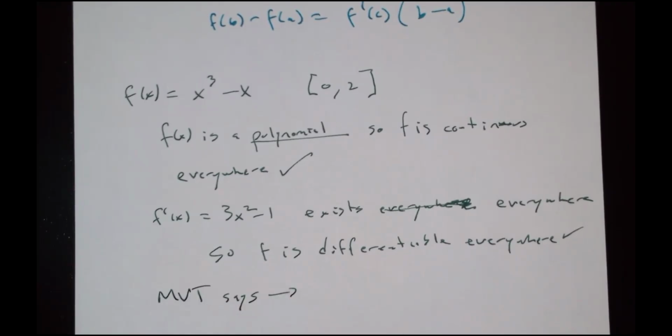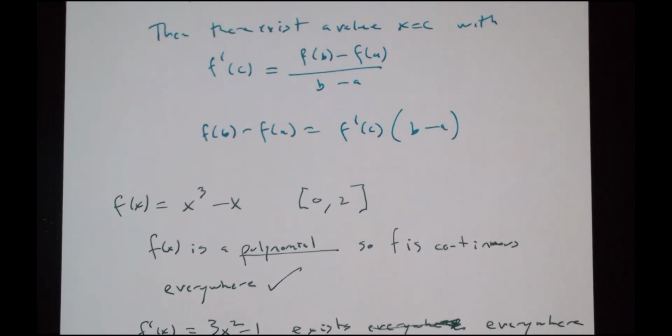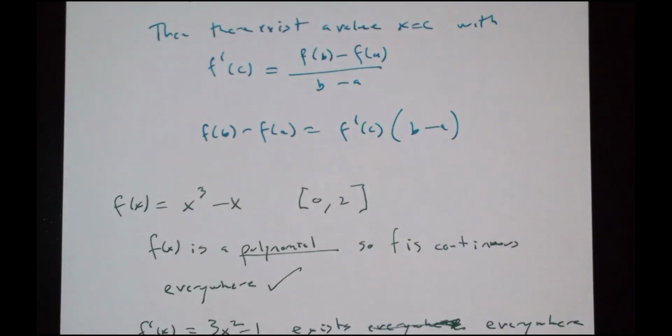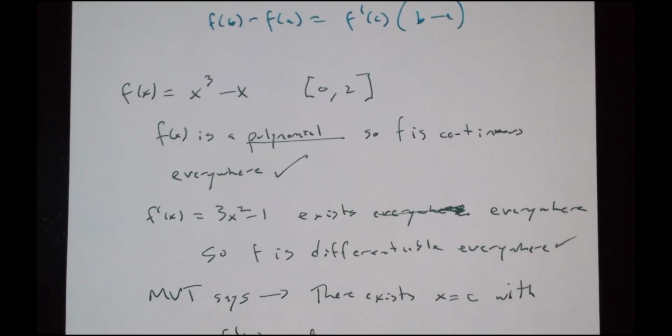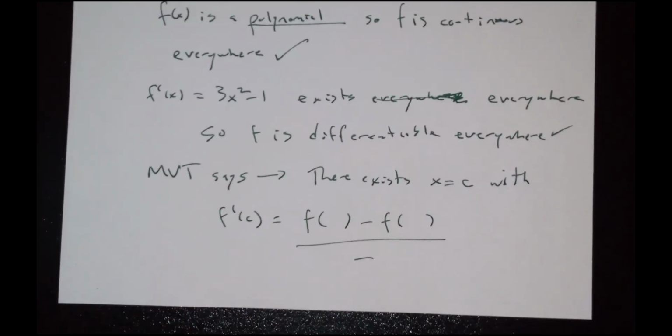What does the mean value theorem tell me? Oh, that's this conclusion right here. There's some number C where this holds true. I just need to know what numbers to put on that right-hand side.